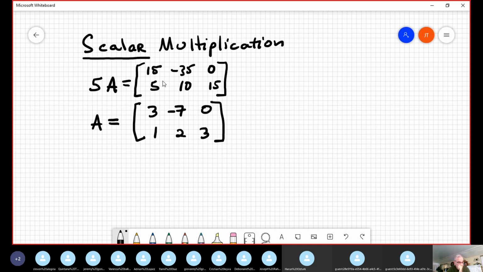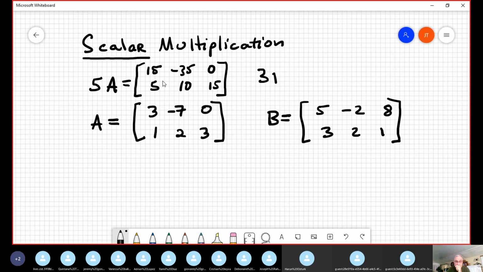Okay, suppose we have B. Remember the famous B from the addition problem: 5, negative 2, 8, 3, 2. I want to perform 3B. What does 3B mean? 3 is a scalar. Multiplication by the entire matrix B. Give me 3 times 5, 15.